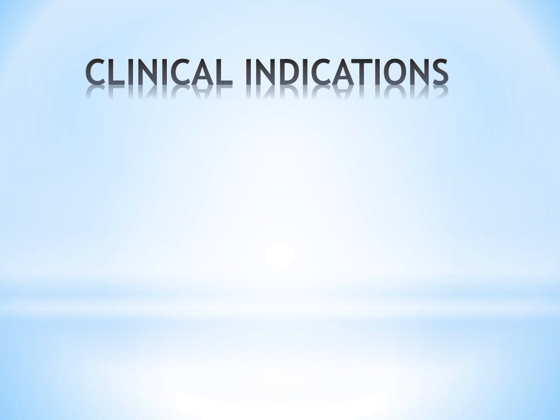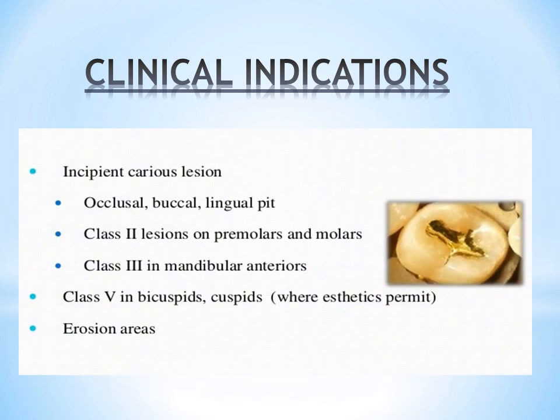Now, what are the clinical indications of gold? They can be used in incipient carious lesions, occlusal, buccal, and the lingual pit, class 2 lesions on the premolars and the molars, and class 3 in the mandibular interiors. I'm sure you all are familiar with GV Black's classification, class 1, 2, 3, 4, 5, and they can be used in class 5 in the bicuspids and cuspids if aesthetics permit, and where there are areas of erosion.